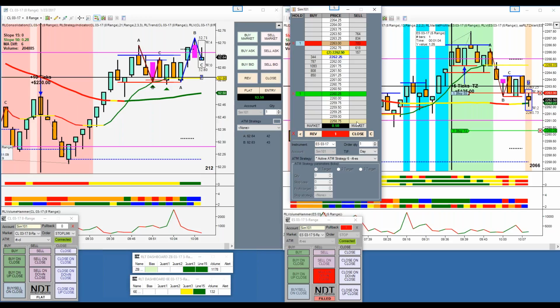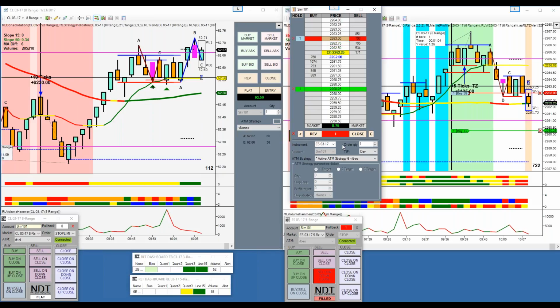Break the 50. Don't come back. Come on, break the 50. We've got the intermediate and minor quant with us. Come on, keep going.